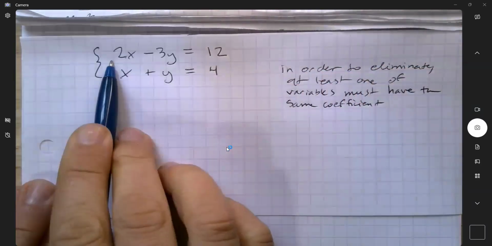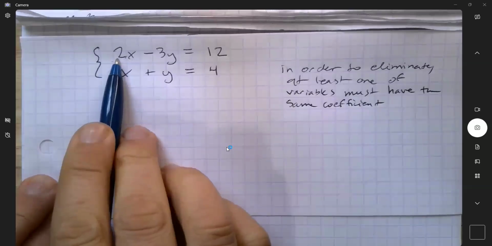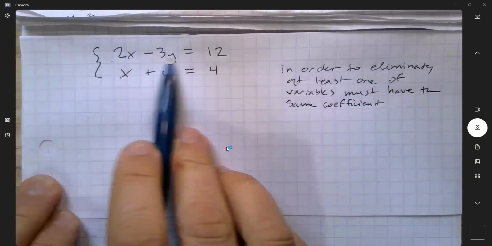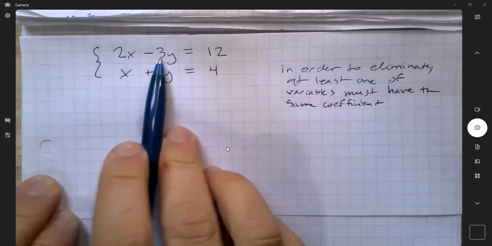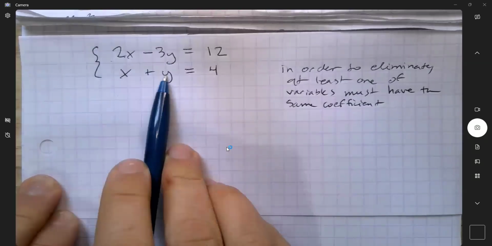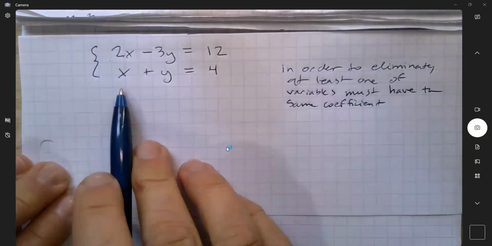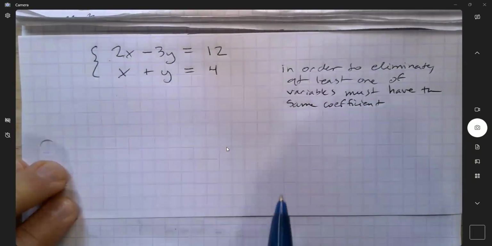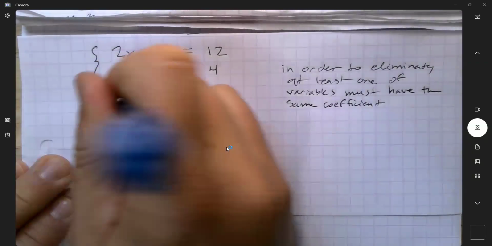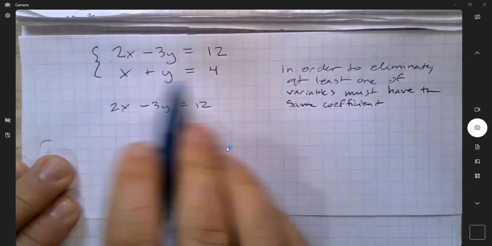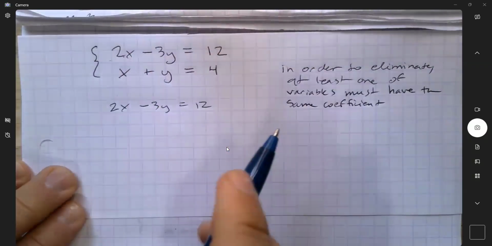The coefficient is the number that multiplies. So the coefficient on 2x is 2. The coefficient on minus 3y is minus 3. And here the coefficient on x is 1, and the coefficient on y is 1. So instead of just adding, or maybe just subtracting, what I do is I multiply one of my equations by the number.